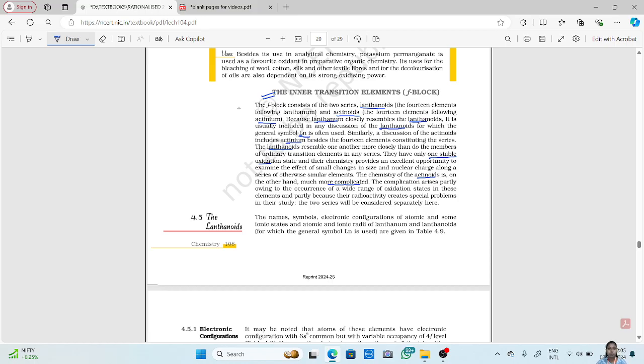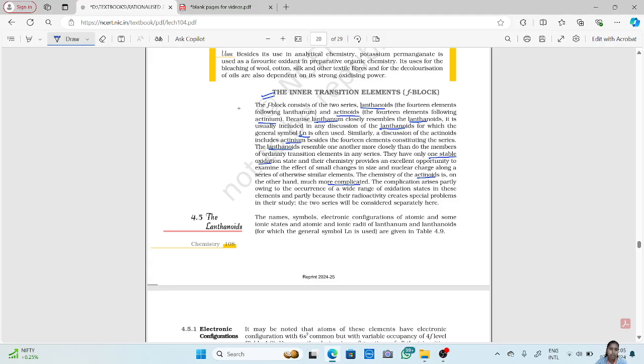As I told you, lanthanides have only one stable oxidation state, which provides an excellent opportunity to examine the effects of small changes in size and nuclear charge, because all the lanthanides are similar elements with small changes.